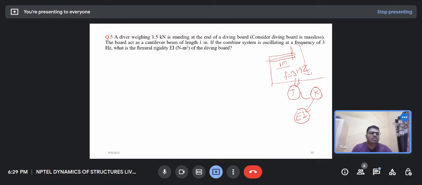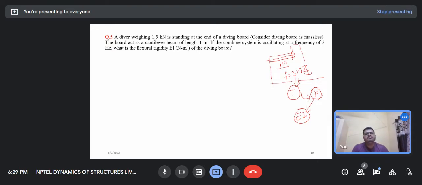Anyone has any doubt? You can give a try. If the frequency is 3 hertz, can you calculate the time period? Can you tell me what the time period is?